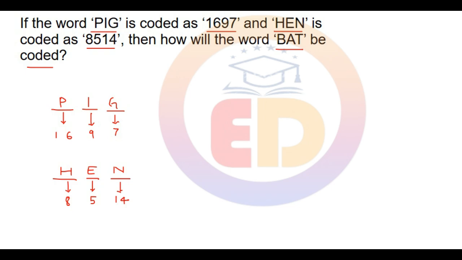To find out the code of BAT, B is alphabet number 2, A is alphabet number 1, and T is alphabet number 20. So the code for BAT will be 2120. This is the alphabet based number coding. Answer will be 2120.